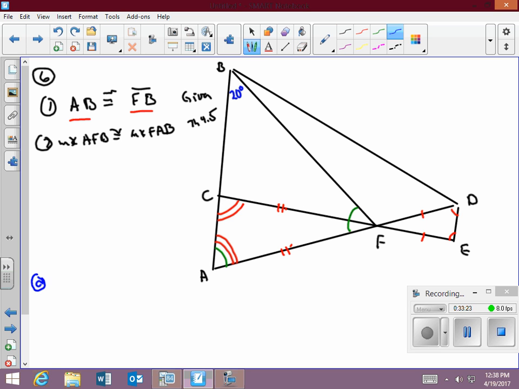FAB. Okay, the measure of angle FAB, what that's going to be is half of 180 minus 20, right? 180 minus 20 divided by 2, and that should be 80.